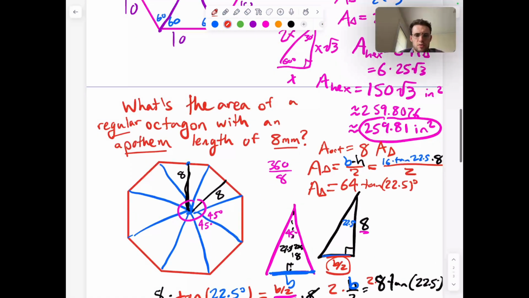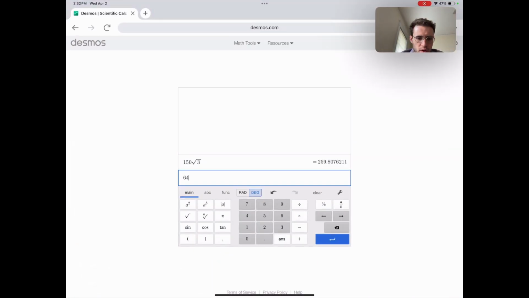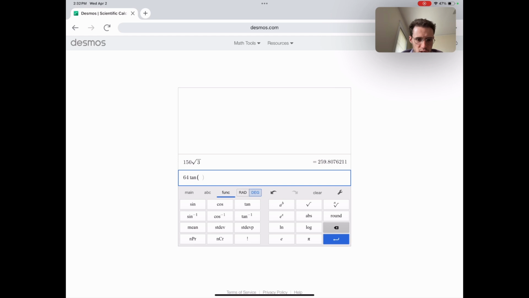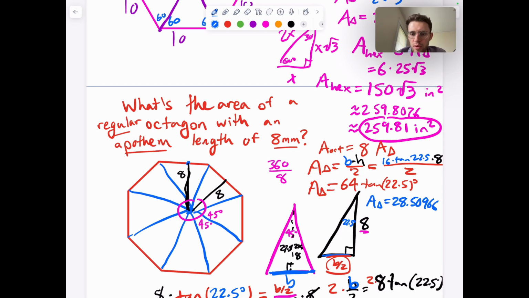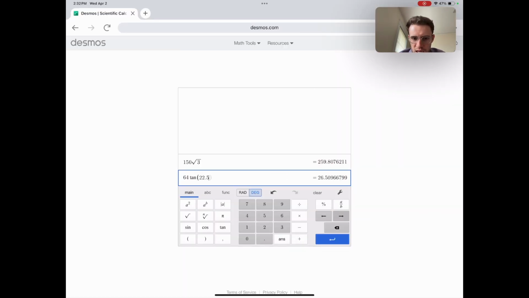If we want to find what the area of the triangle is first, 64 times tangent of 22.5, in degree mode, that gives us 26.50966, and we want to multiply that by 8 to get the area of the octagon, which is about equal to 212.0773. Make sure that your times 8 is outside of the parentheses there, so it's not part of the tangent.